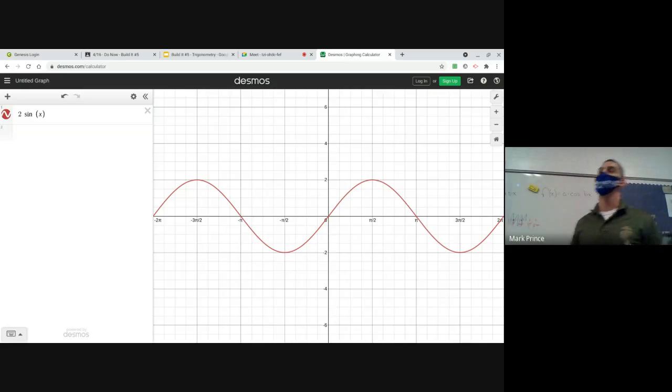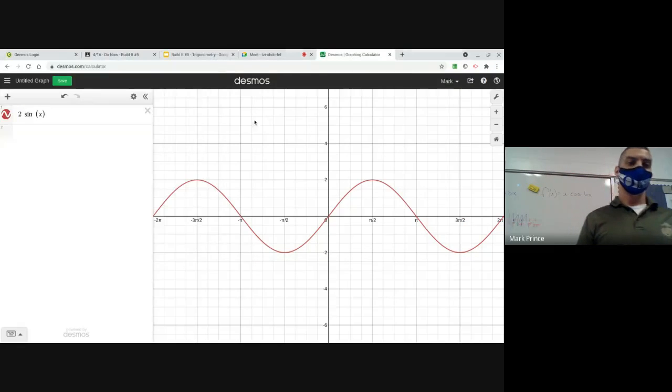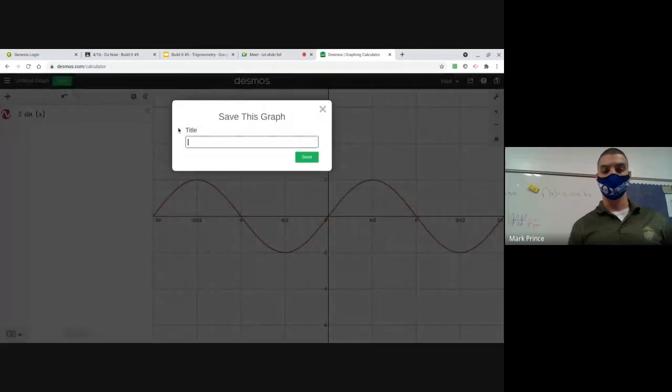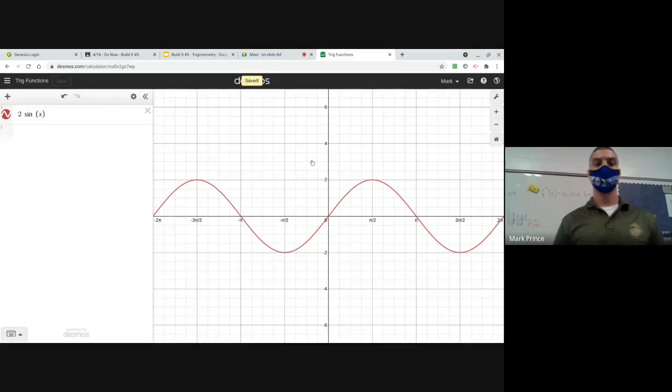This sucks to do every time. It takes a couple minutes to do it. So then just log in to Desmos with your Google account. And then I'll change the name of the graph. I'll just call it trig functions. And I save it.